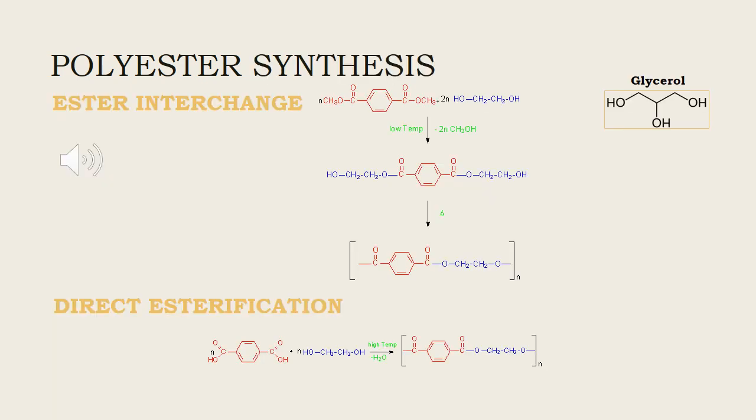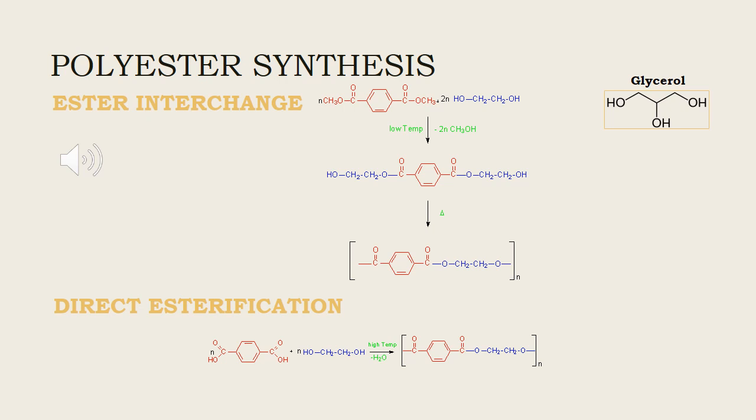Synthesis of linear polyester chain. A representative linear polyester, PET, is polymerized by one of the following two ways: ester interchange or direct esterification. Ester interchange. This is a trans-esterification reaction in which one ester is transformed into another.